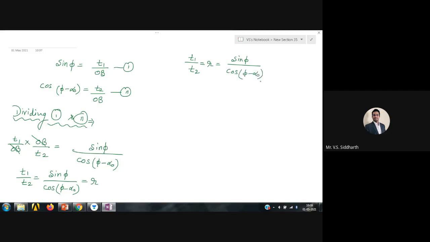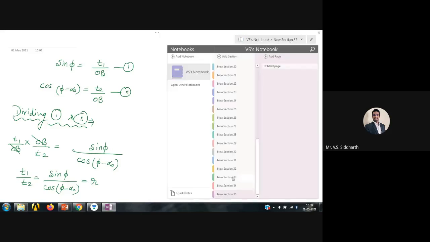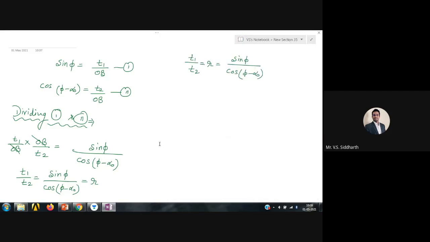Okay. Now you have taken a screenshot, na? In that screenshot, you tell me what is the relation of VC by V. You wrote a formula, right? For VC you just see that formula, and that is also equal to sin phi by cos phi minus alpha naught.